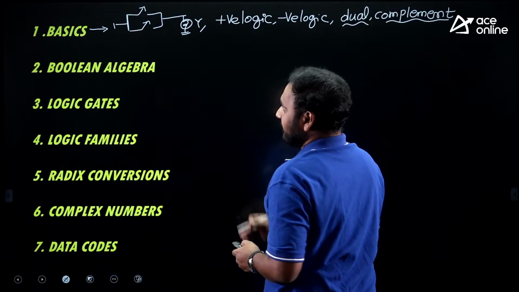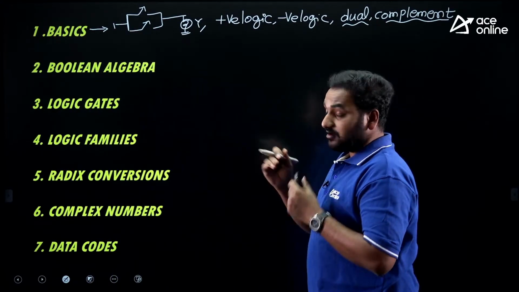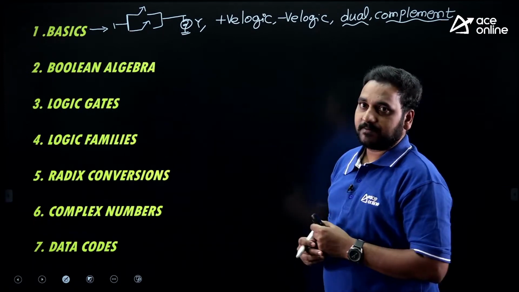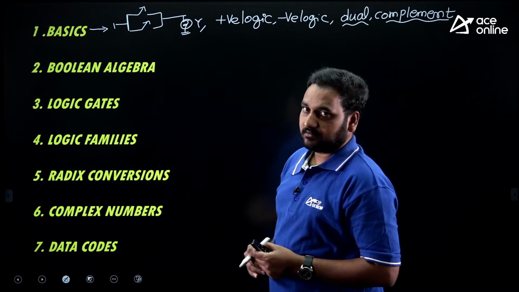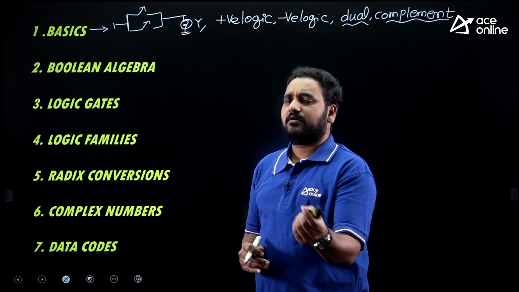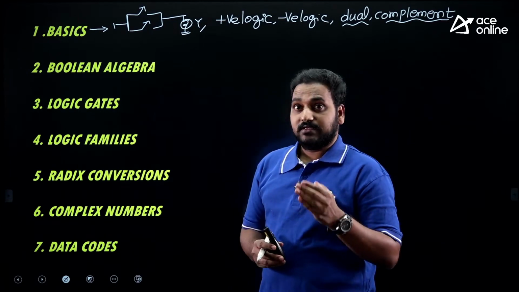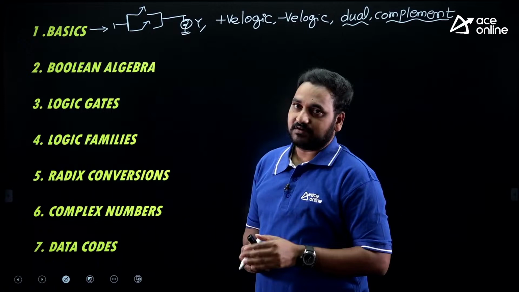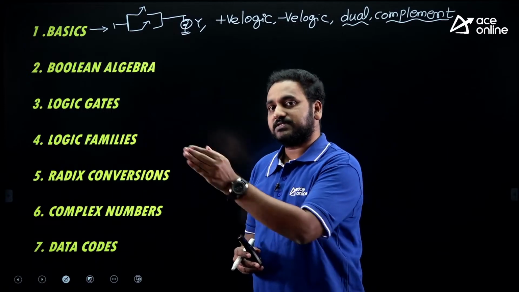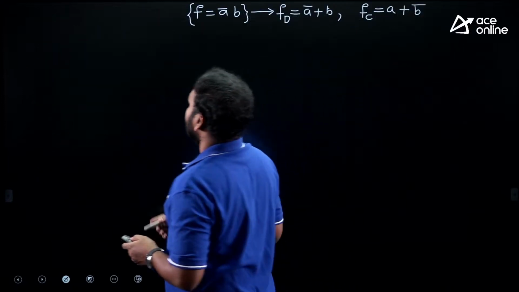Next, Boolean algebra. You should be aware of all the laws and theorems of Boolean algebra. Commutative law: AB equals BA, or A plus B equals B plus A. Associative law: A plus (B plus C) equals (A plus B) plus C. Distributive law: A into (B plus C) equals AB plus AC. And De Morgan's theorem, this is very important.